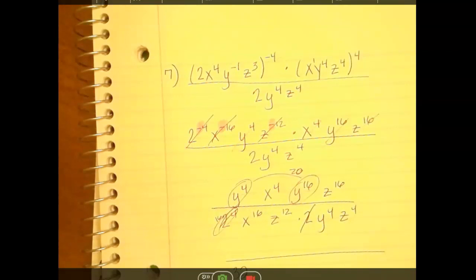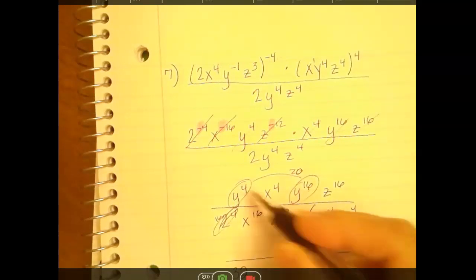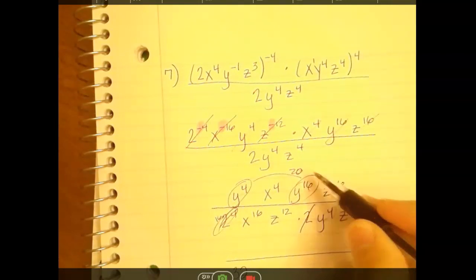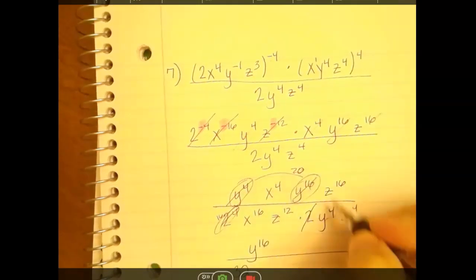That's going to leave 16 on top. I could also recognize that this Y to the 4th and this Y to the 4th will cancel each other out completely, leaving 16, right? But 20 minus 4 is also 16. So let's see, where will that be? 20 minus 4 is positive 16, so the Y's will be on top. So now I've got the Y's taken care of.